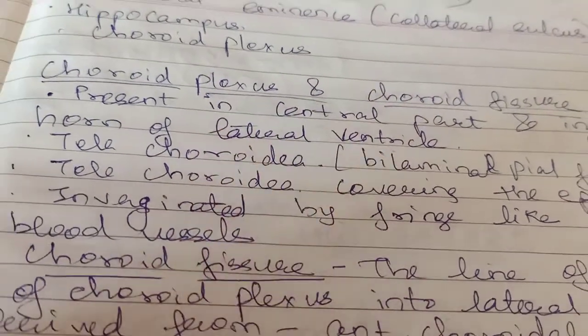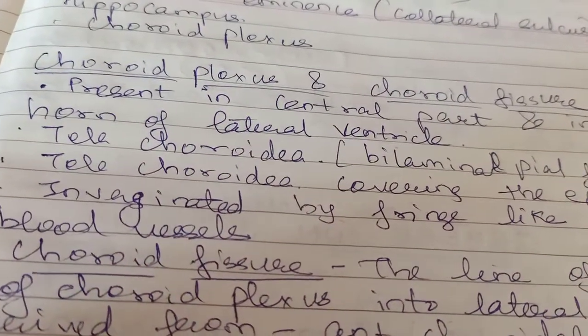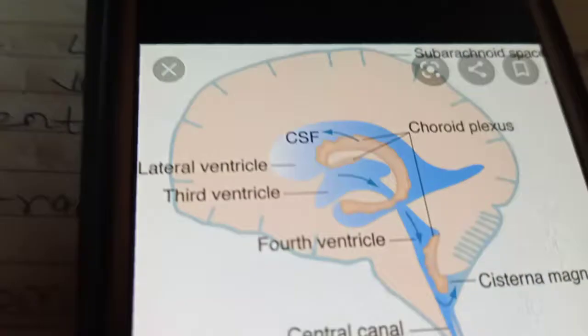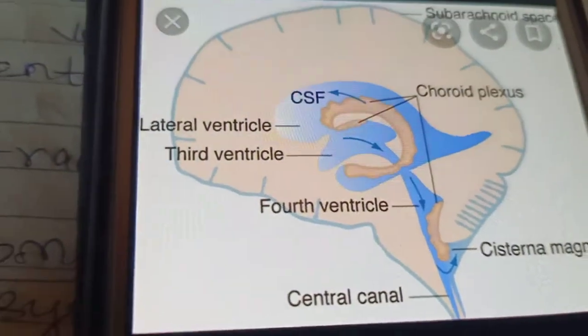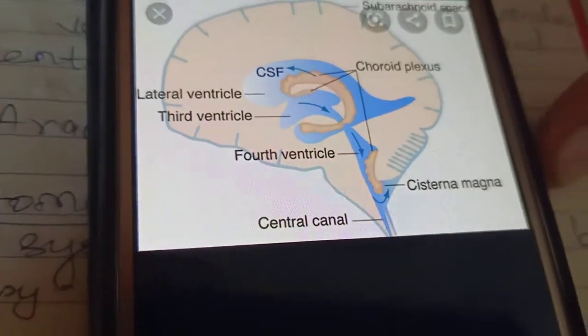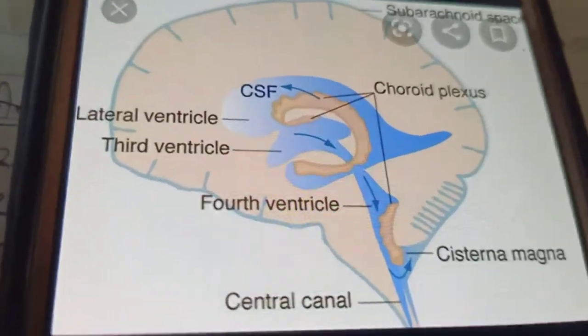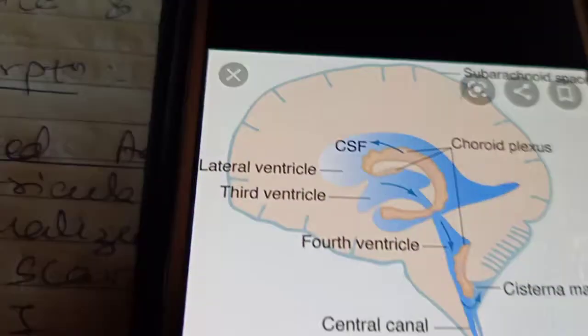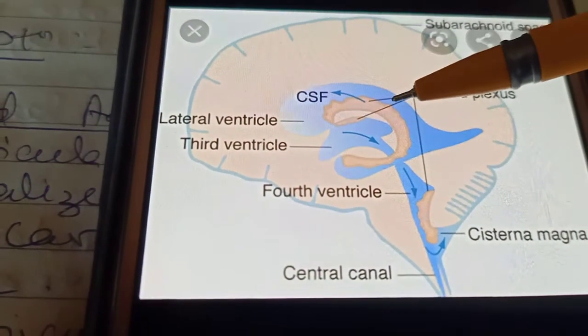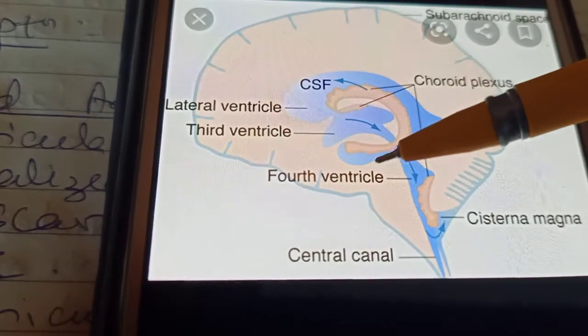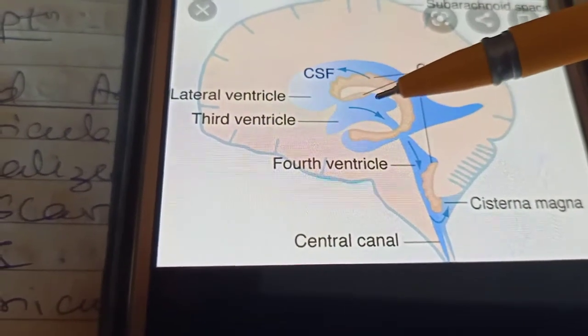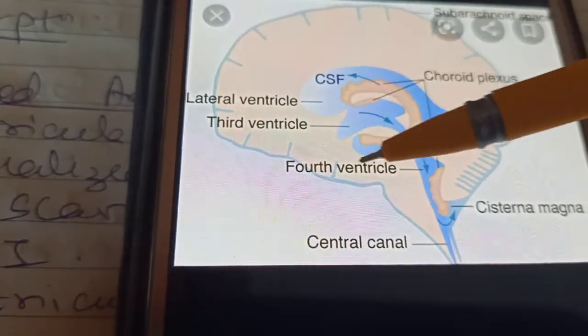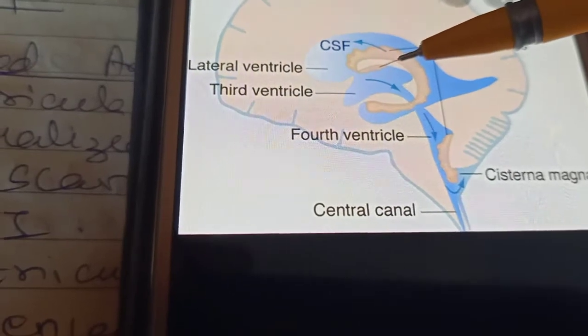This choroid plexus is present in the central part of the lateral ventricle and the inferior horn of the lateral ventricle. Very, very important, and it consists of a tuft of blood vessels.